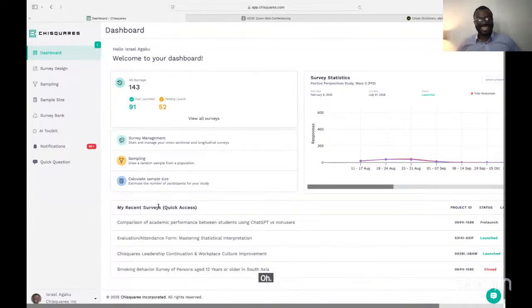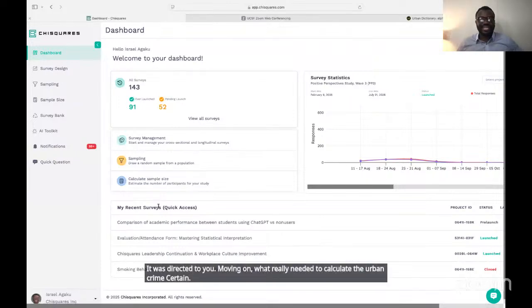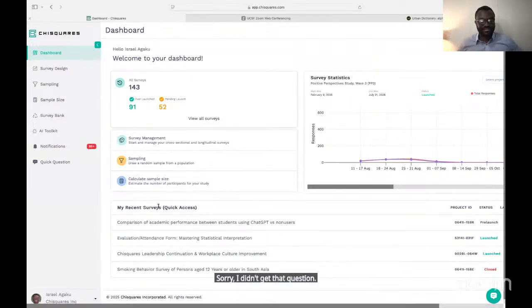Moving on. What is really needed to calculate the urban crime pattern? Sorry, I didn't get that question. Can you read it again, please? What's really needed to calculate the urban crime pattern? What is really needed is your input.